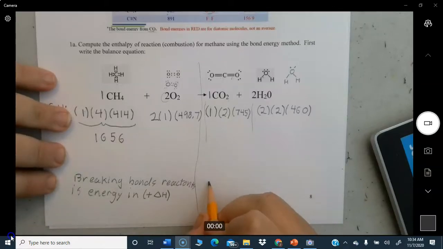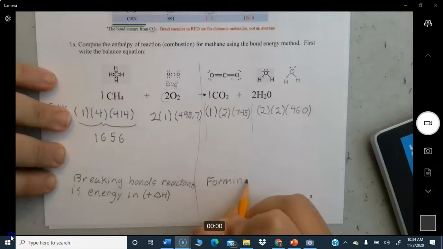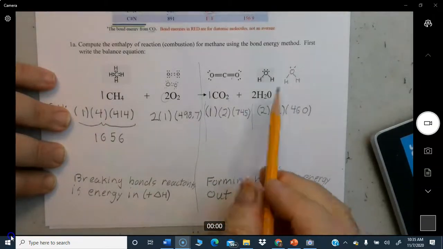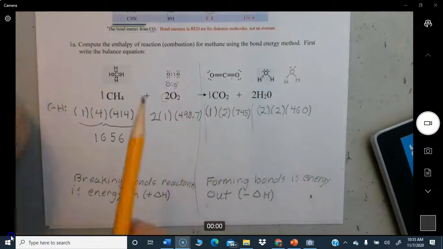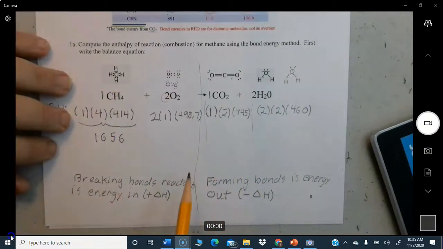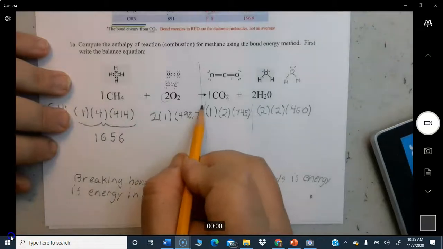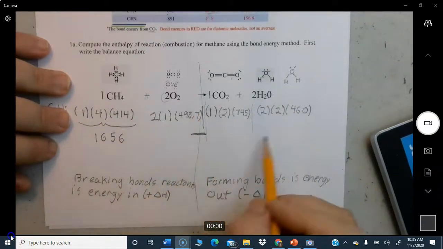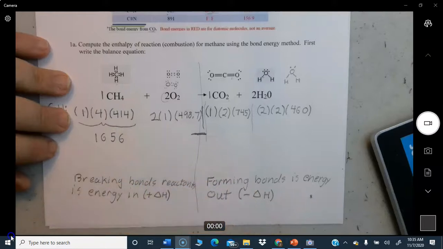So forming bonds, okay, so that's going to be negative delta H, because as the bonds are formed, the atoms go to a lower energy state and they give off energy. That means in between these two sides right here is going to be a negative sign. It's a minus, okay? These are all going to be negatives and these are all going to be positives.